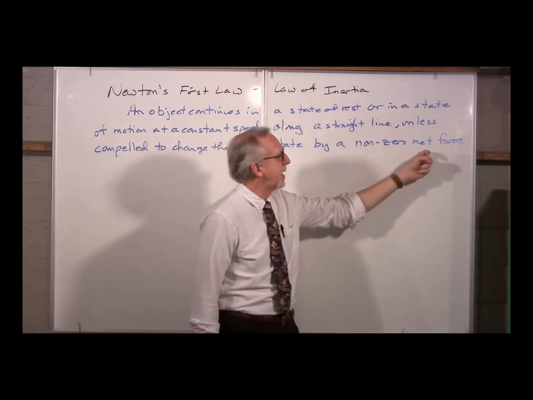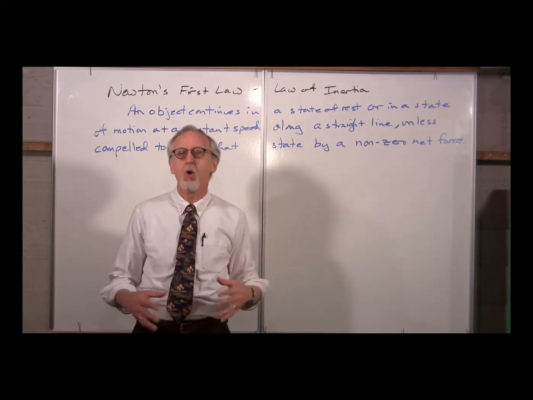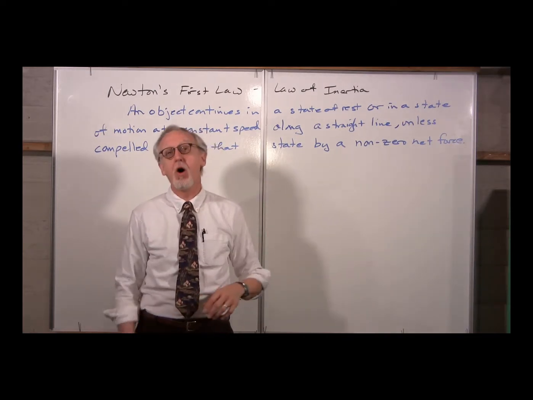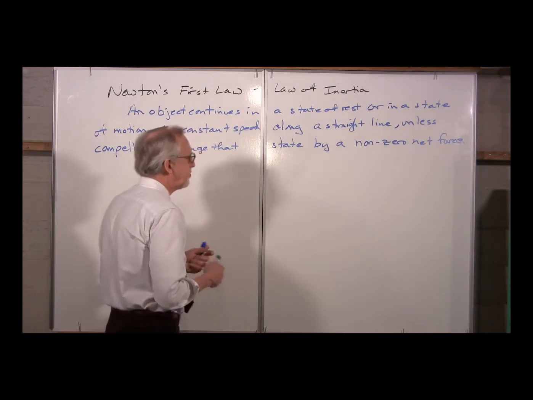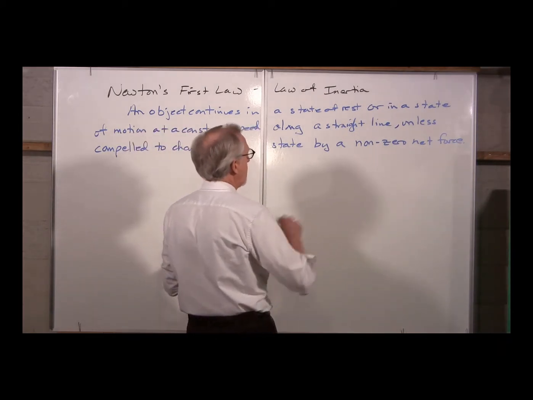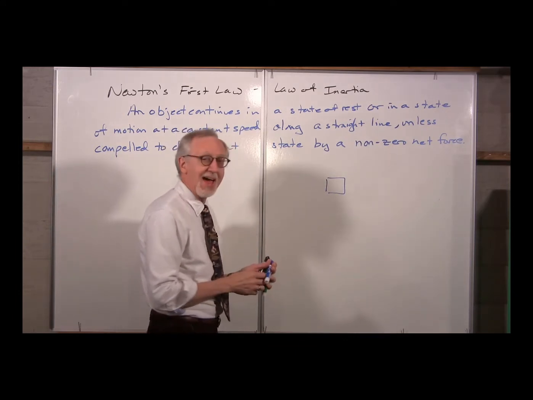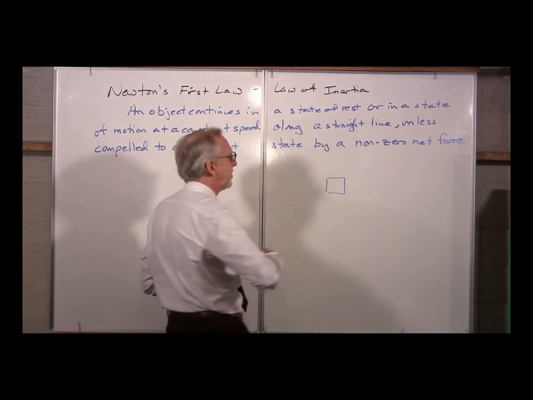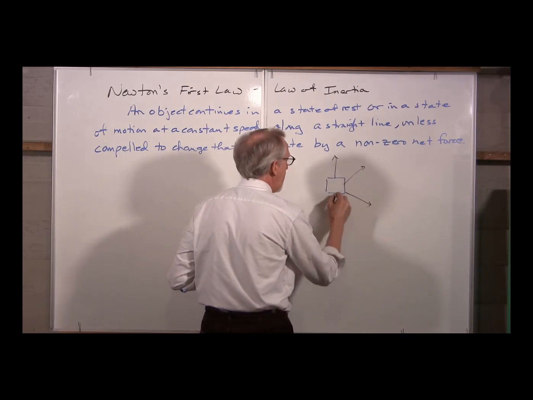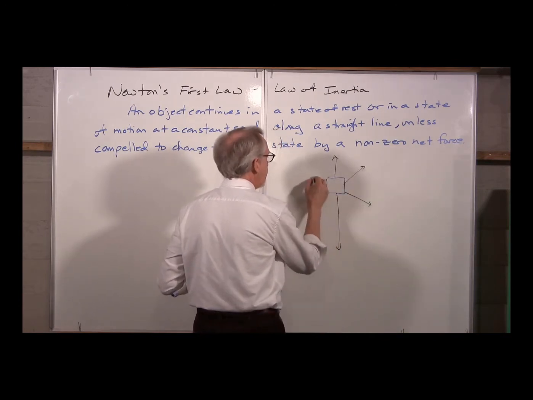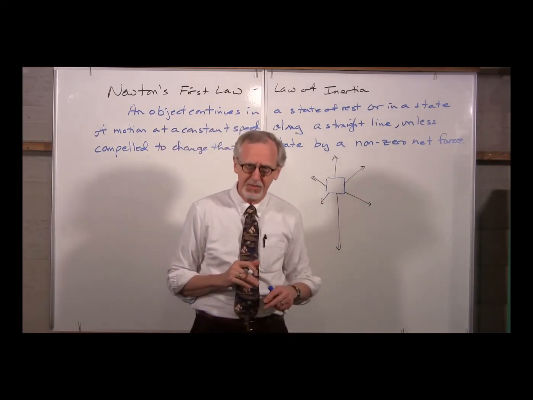Now, what do we mean by a net force? Net in this case means a total, or the sum of all forces acting on an object. So imagine we've got some object with a bunch of forces acting on it from all sorts of different directions. Say a force this way, a force that way, whatever. There's a whole bunch of forces acting on this object.